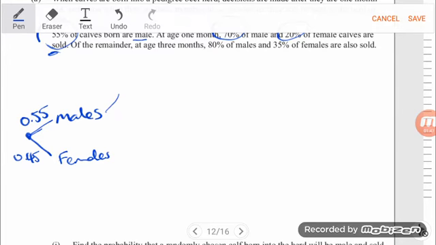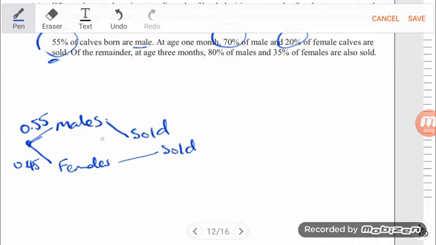So the next event is that they are either kept or sold. So if we say sold, 70% of males are sold.